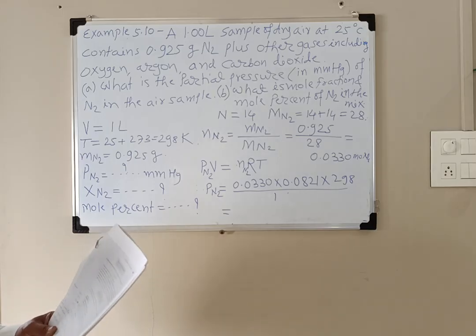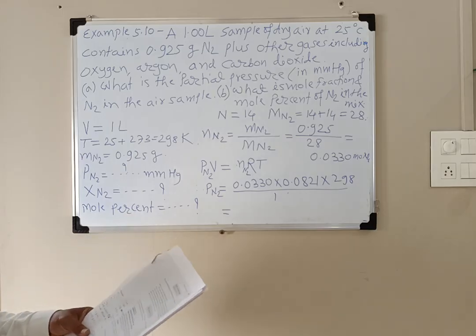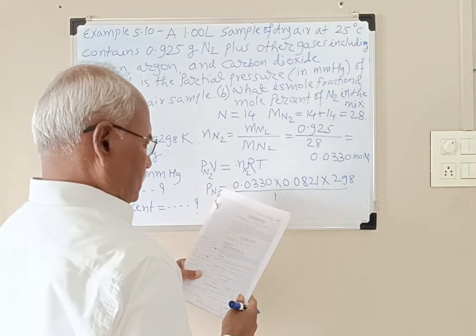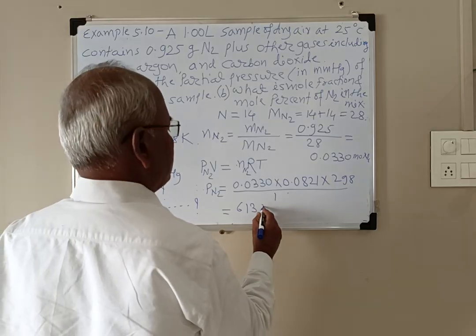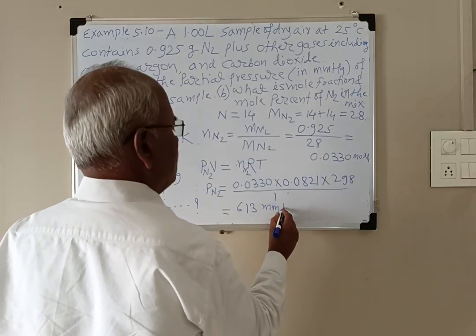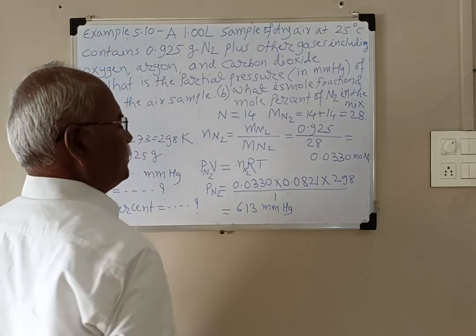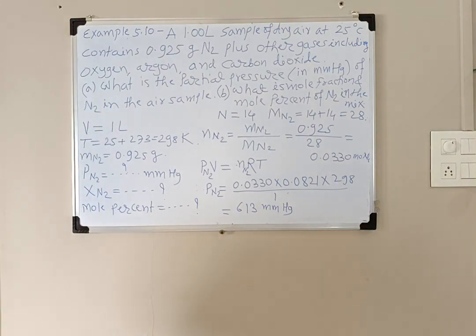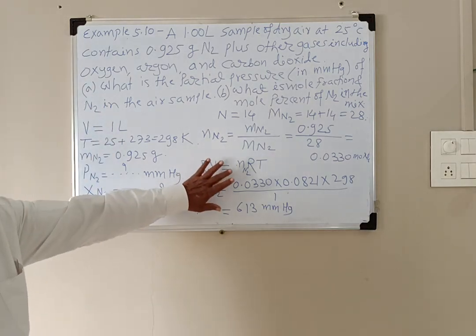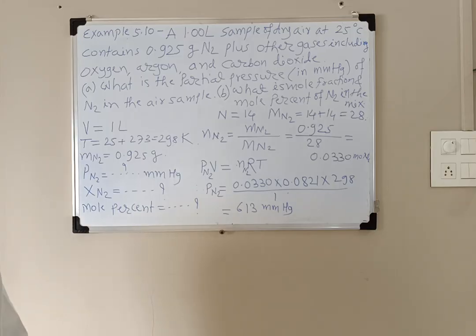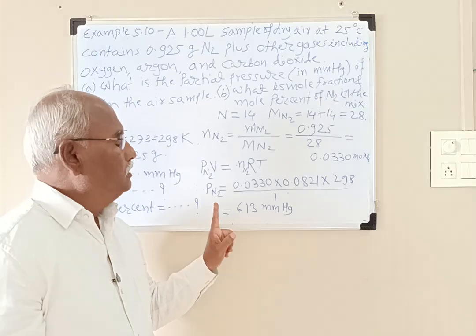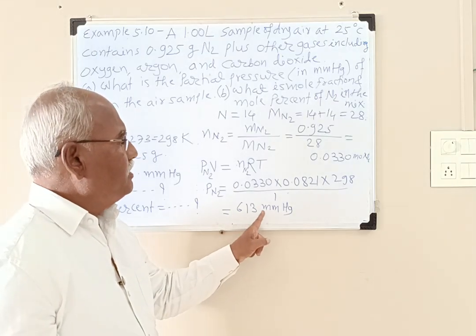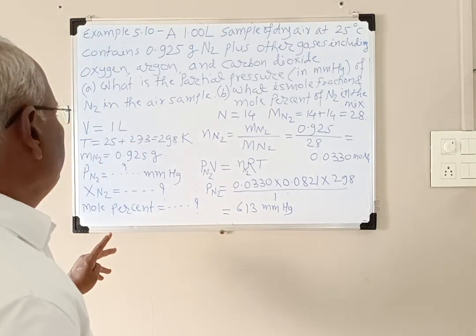Solve this, simplify this. The answer is 613 mmHg. 613 mmHg. Simplify this by using a calculator.